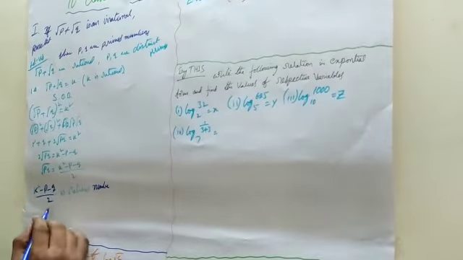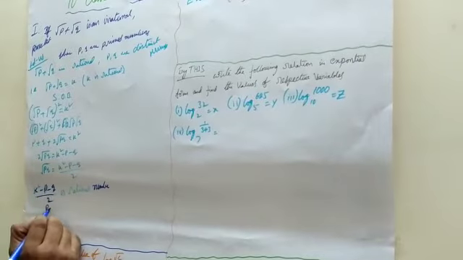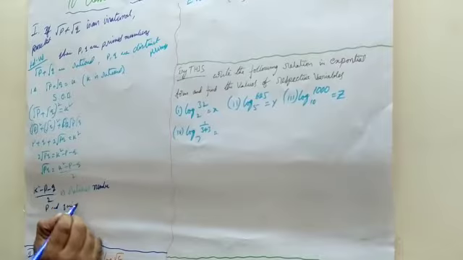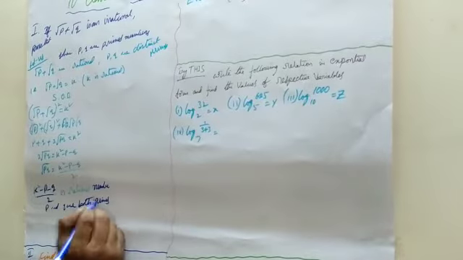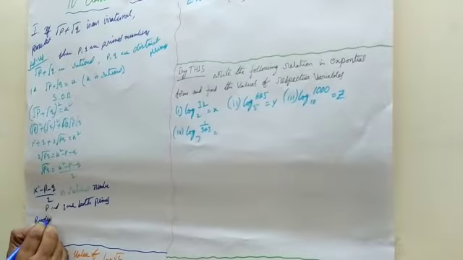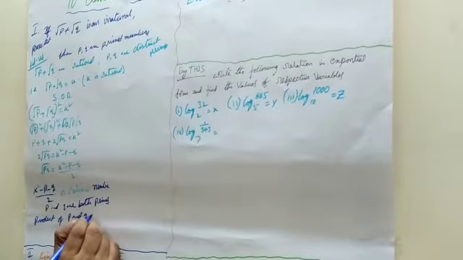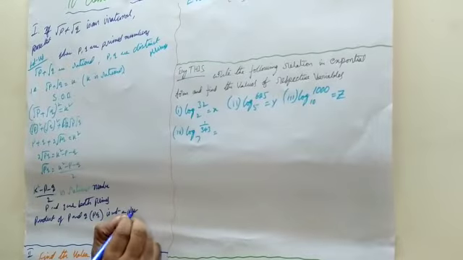But p and q are both primes. Yes or no? P and q are both primes, so the product of p and q, pq, is not a perfect square.